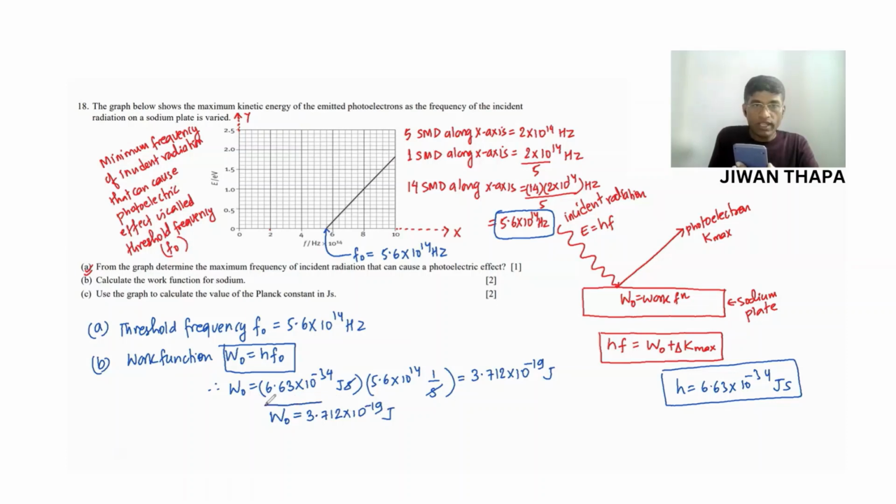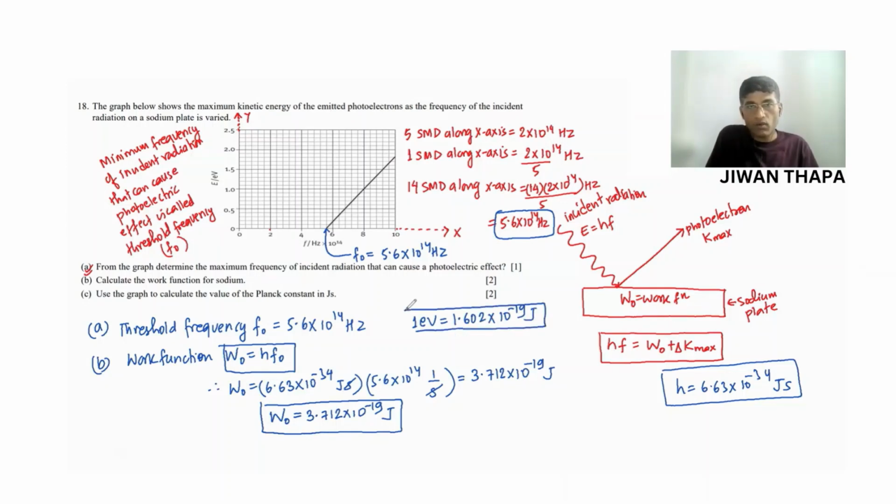Now we can change joule into electron volt. We can express work function in electron volt, and we know, okay, 1 electron volt equals 1.602 into 10 to the power minus 19 joule.